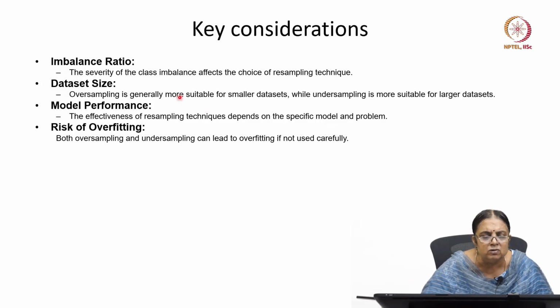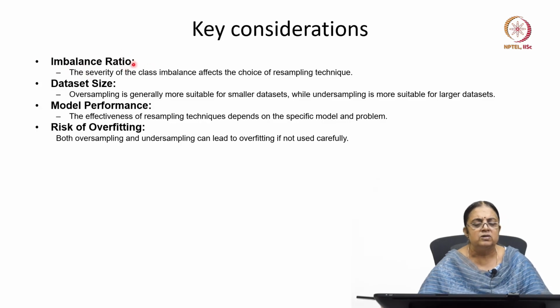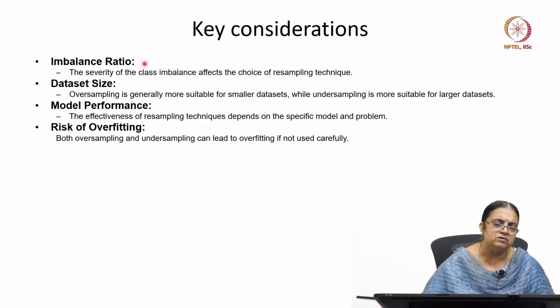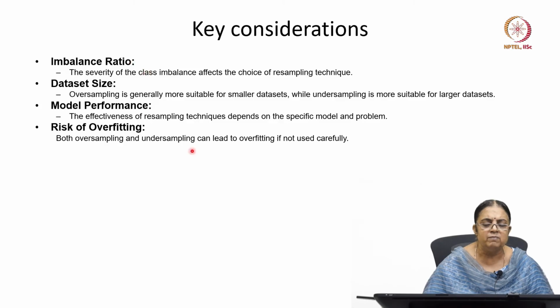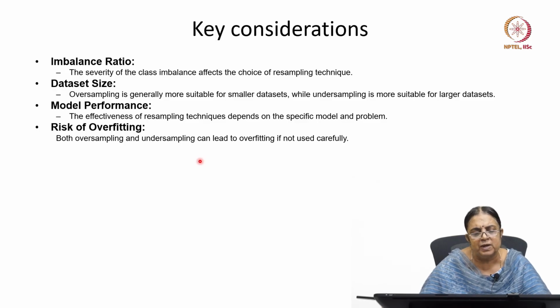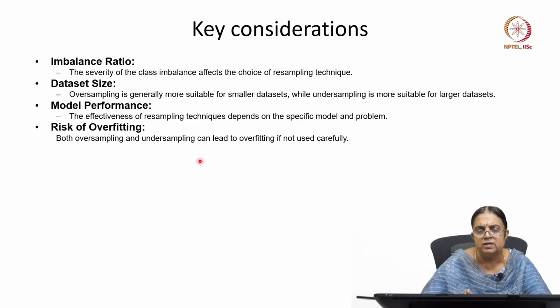Whenever you get a data set which you use for imbalanced data sets, generally when you have researchers working on imbalanced data sets, what they do is they use some benchmark data sets which are available online, and you can use different techniques of balancing the data set, and you could compare it and see which method is doing better.